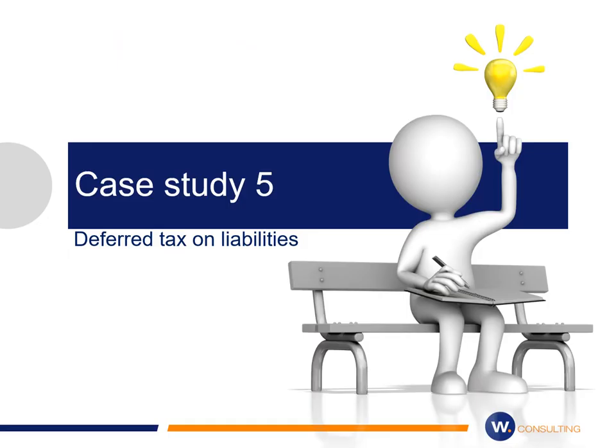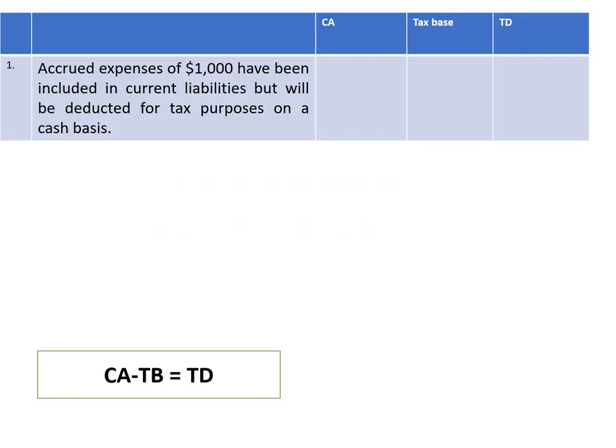Here's a case study: deferred tax on liabilities. Accrued expenses of $1,000 have been included in current liabilities but will be deducted for tax purposes on a cash basis. What's the carrying amount? We've been told it's $1,000. What's the tax base?